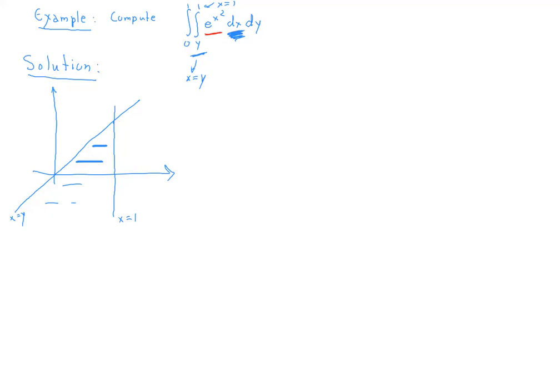Yes, but can you be a little more specific? Which part of this region would it be? The answer is provided by the vertical limits, 0 and 1. This tells you that you go from 0 all the way to 1, which is up here. So your domain of integration is precisely this.